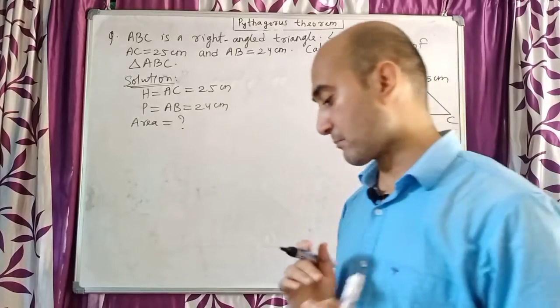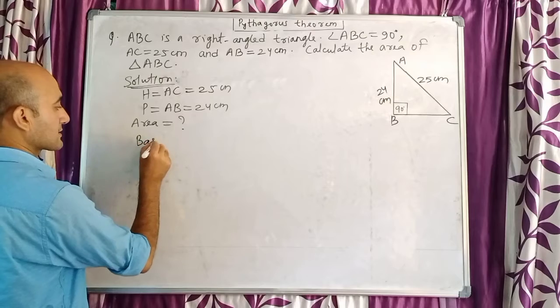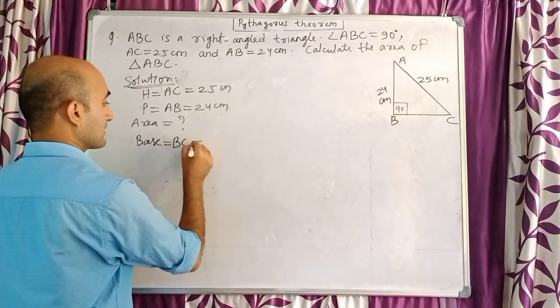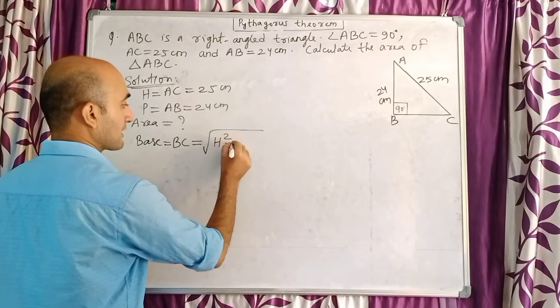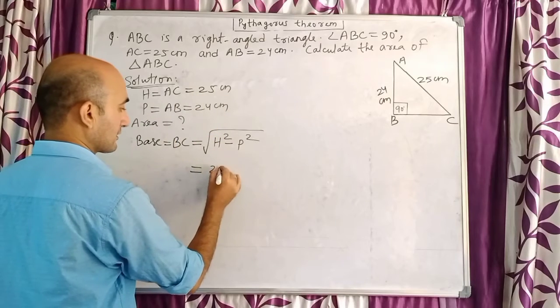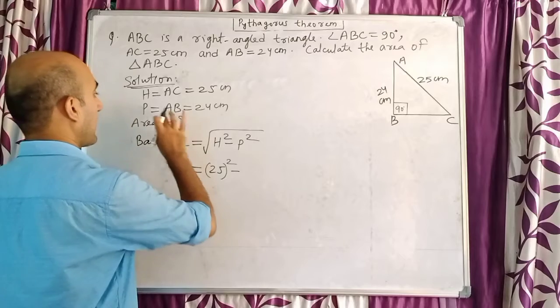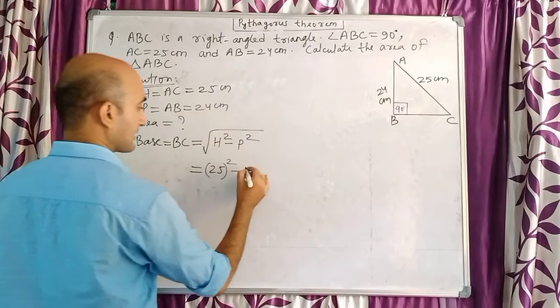So start finding base. So you write base equal to, who is your base? Base is BC. So base formula is square root of H square minus P square. Your hypotenuse is here 25 square minus, and your perpendicular is 24.